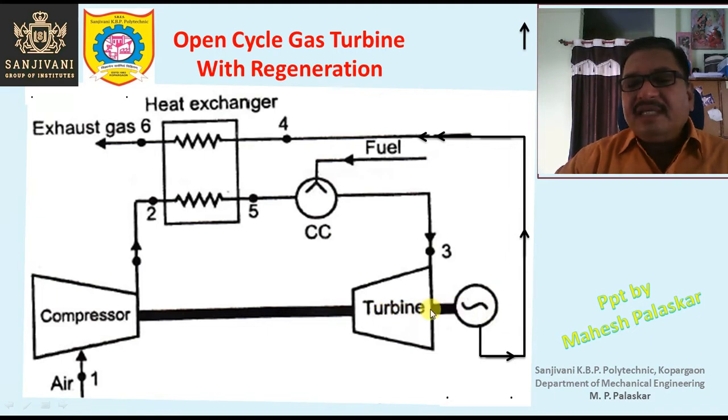And after expansion, this exhaust gas will return to the atmosphere, but before it returns to the atmosphere it will pass through the heat exchanger because it is having some heat energy along with it, and that heat energy is utilized for heating or preheating the compressed air before this compressed air goes to the combustion chamber.